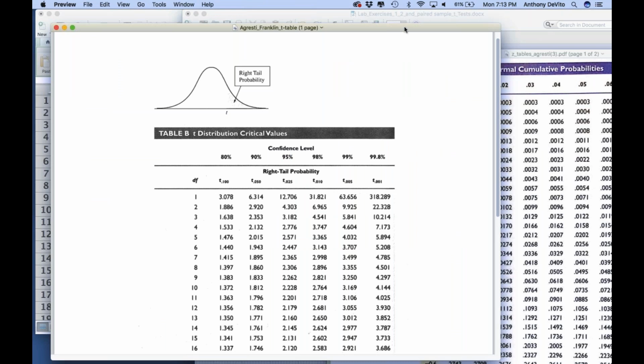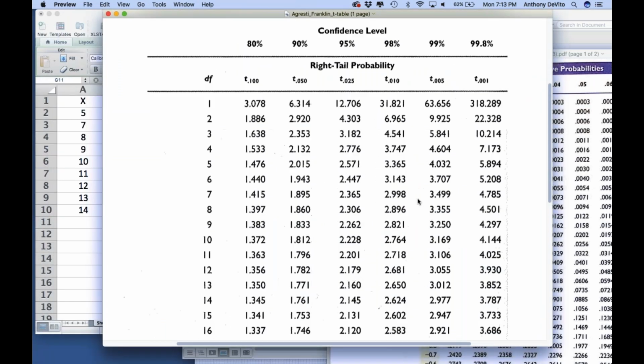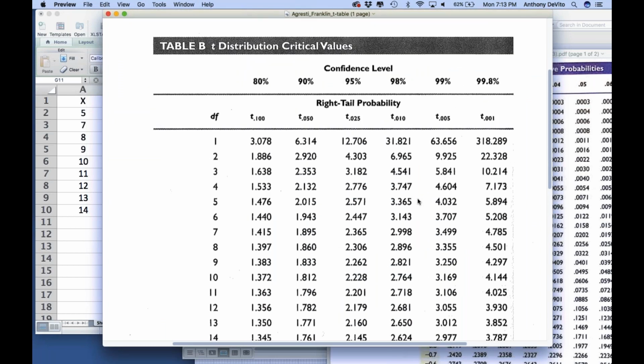Okay, here's our t-table. Now, the way that we avoid having to deal with having many t distributions, like the z distribution, is this table only gives us the important values of t. In other words, the value of t that we need in order to know what represents 95% of the sample distribution.